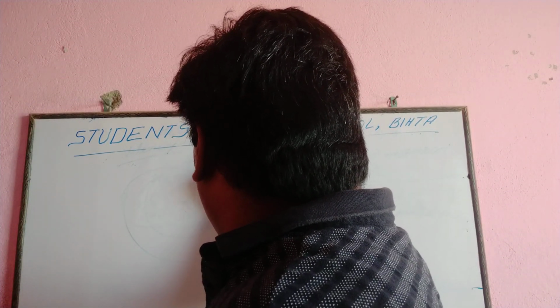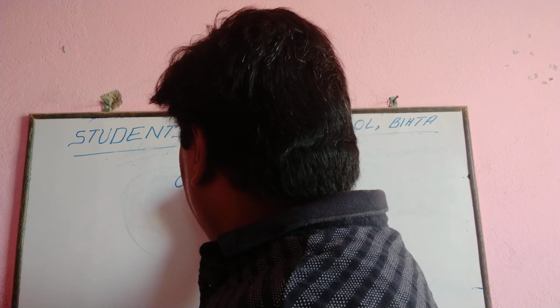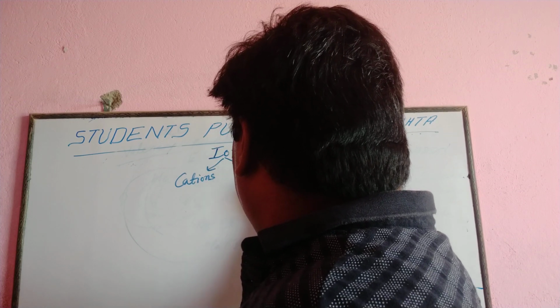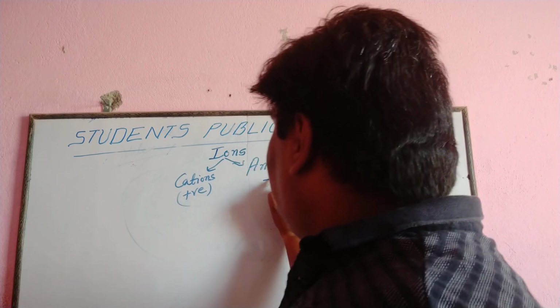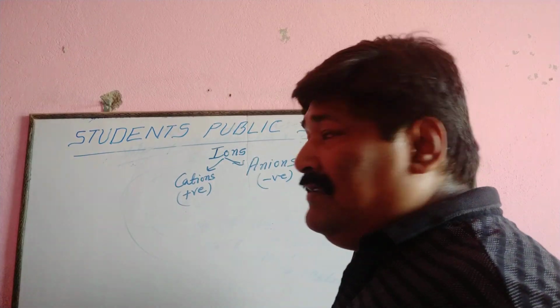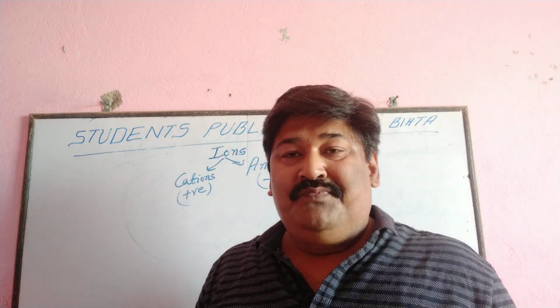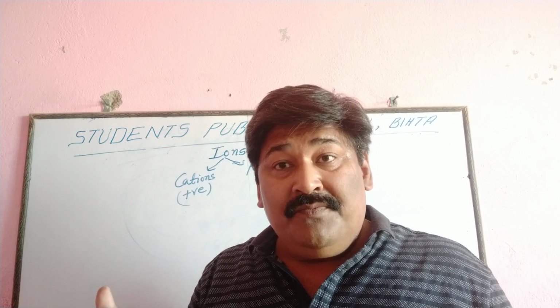Ions are of two types, cations and anions. Cations means positively charged and anions means negatively charged. So when an atom becomes cation, it loses electron. So which type of elements will lose electron?